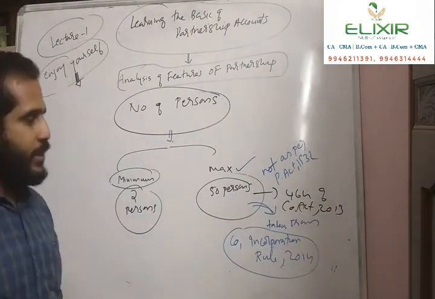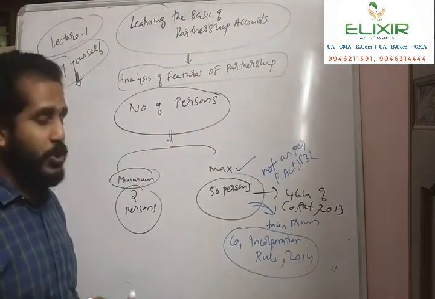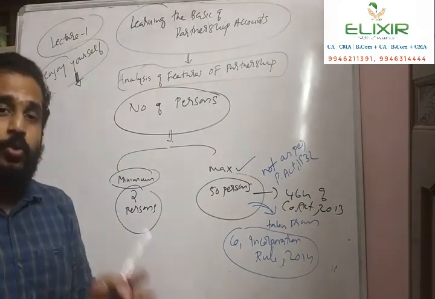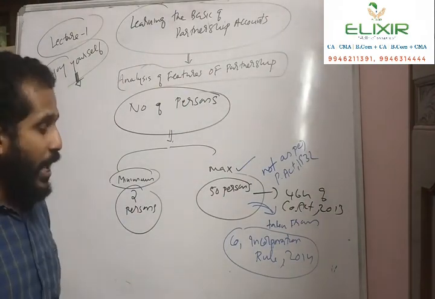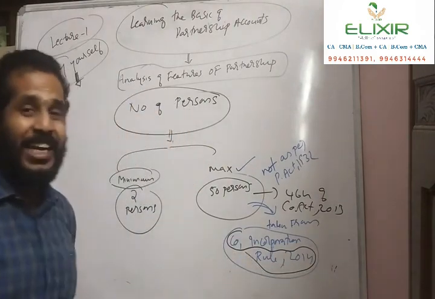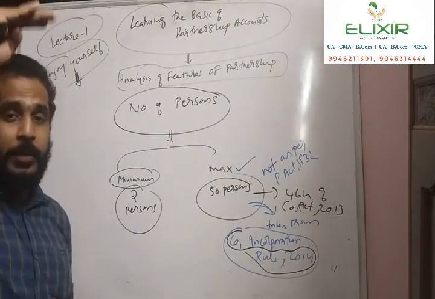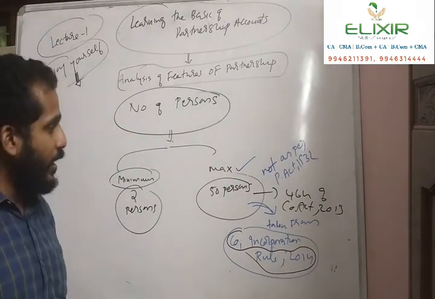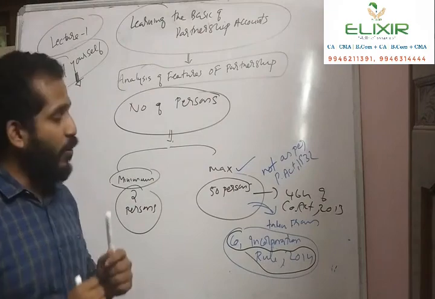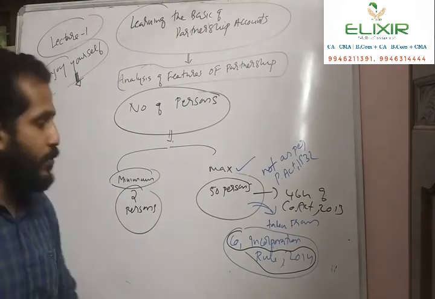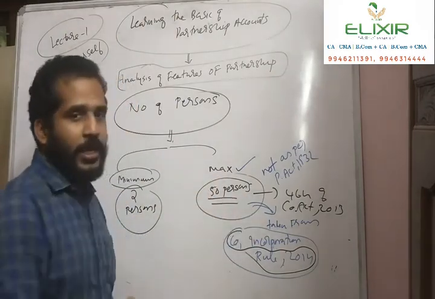It defines that the maximum number of persons to constitute an association or partnership should be restricted to 100. And again, the Companies Incorporation Rules 2014 restrict that limit of 100 to 50. So as per the prevailing law, the maximum number of persons to carry out the partnership business is 50 persons. Is it clear?